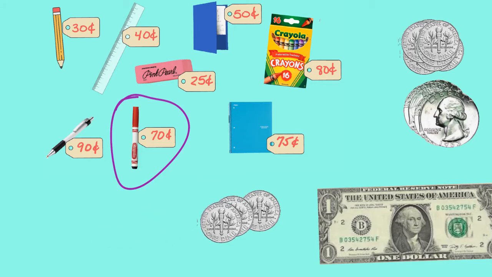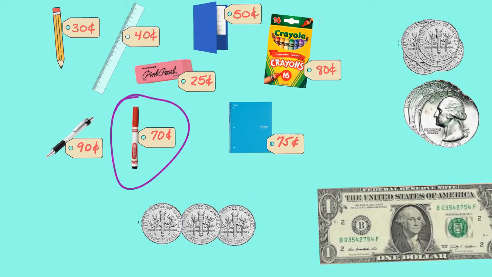So we know that these 3 dimes or 30 cents is the correct change from my $1. Remember, we count up. So if the item costs 70 cents, we're going to go 70 cents, 80 cents, 90 cents, $1. That's how we know we have the correct change.